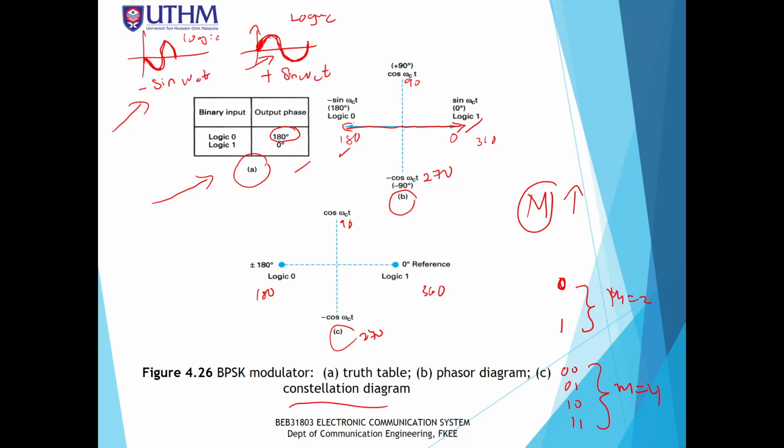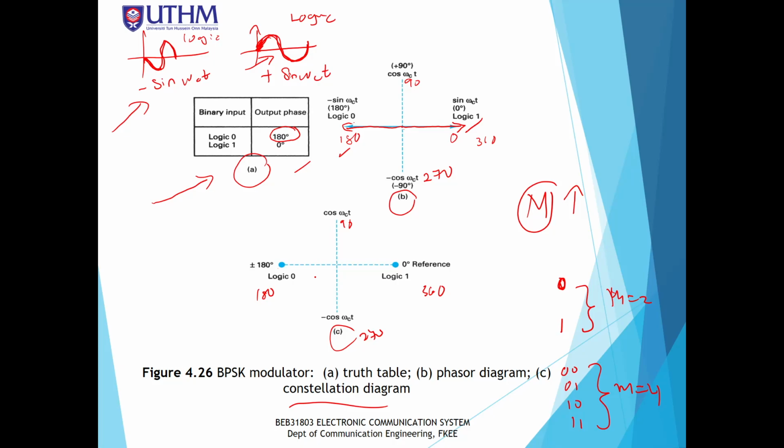With the constellation diagram and the phasor diagram, we want to see how close one symbol is to another in terms of phase. How much is the distance from one symbol to another symbol in terms of phase? Kita ingin melihat berapa dekat jaraknya antara satu simbol dengan simbol yang lain.